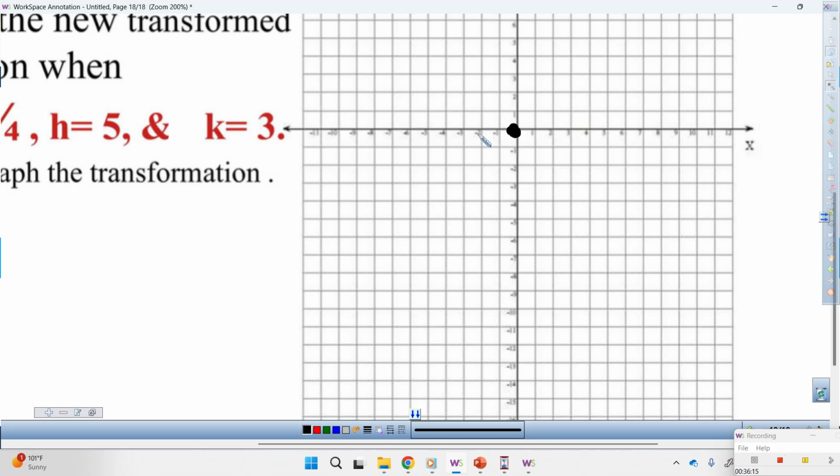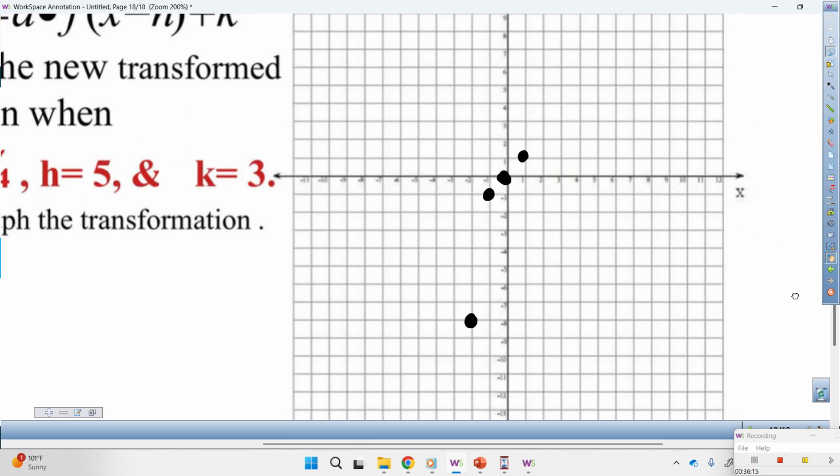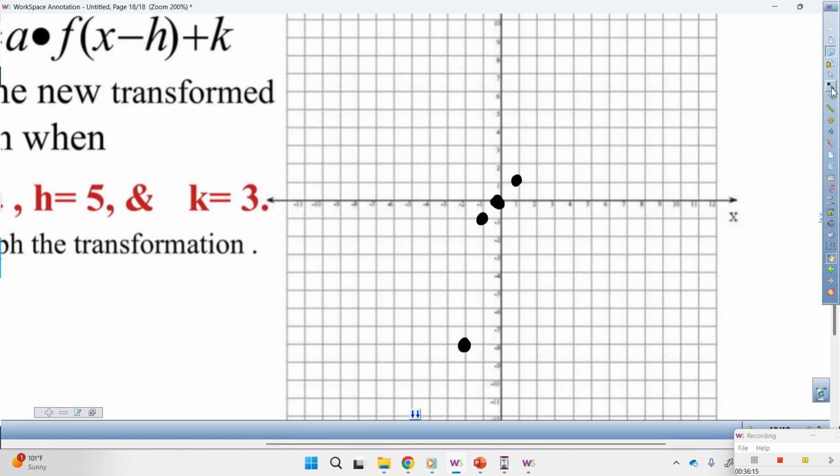-2 times -2 times -2, which equals -8. How about -1? -1. How about 1? +1. How about 2? 2 cubed is +8.